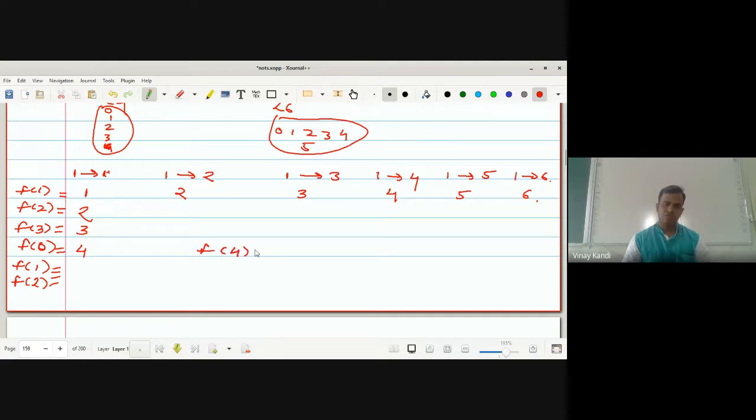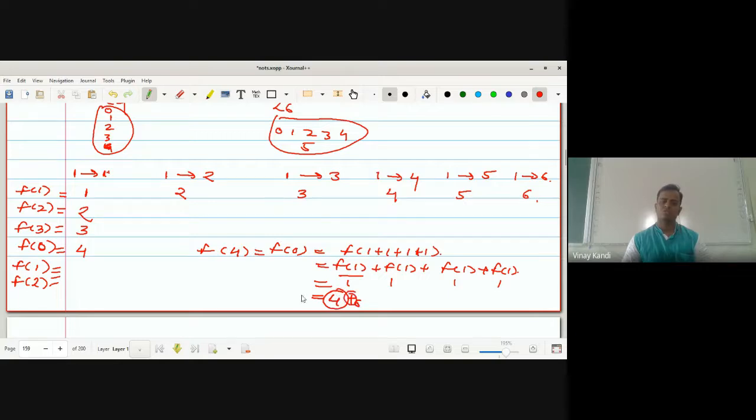F of 4 is equivalent to f of 0 in Z4. But this f of 4 we can write as f of 1 plus 1 plus 1 plus 1. F is a homomorphism. That means f of 1 plus f of 1 plus f of 1 plus f of 1, which is equal to 4. 4 हा तुमचा codomain मध्ये आला. Addition modulo 6, 4.